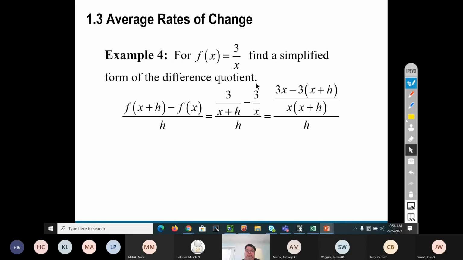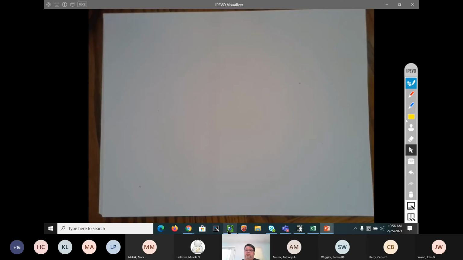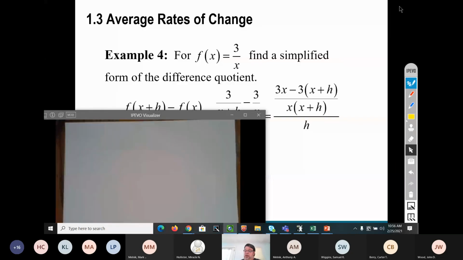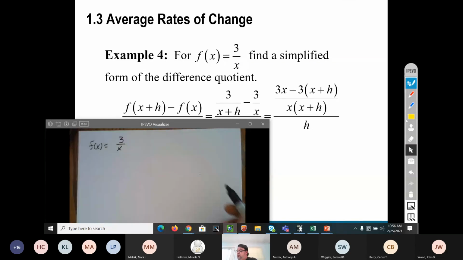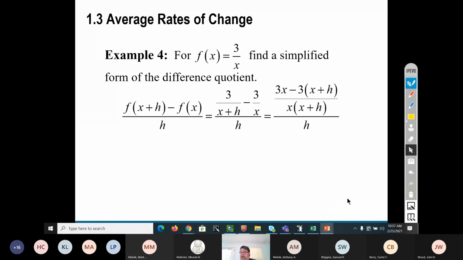f of x is equal to 3 over x. I'll show you where we're going. You can plug in all the stuff and you'll get, those 3 dots mean, as Dr. Harden at Clemson says, you know what to do. Those 3 dots mean do the work.